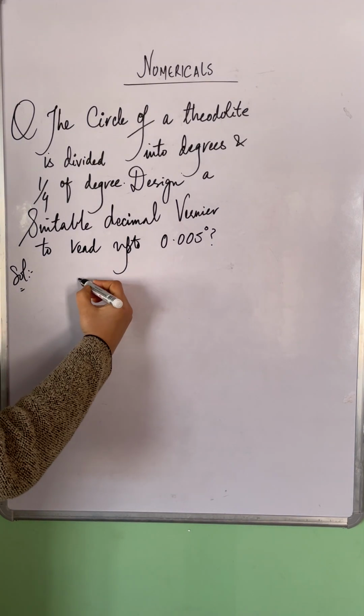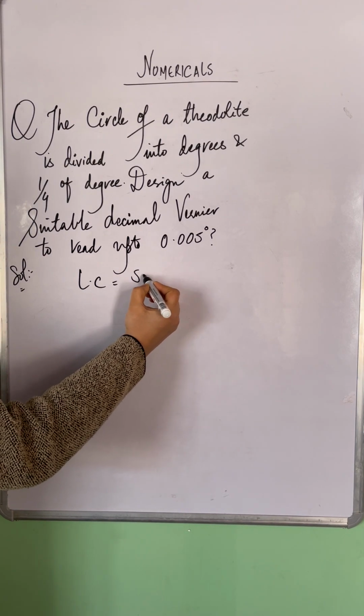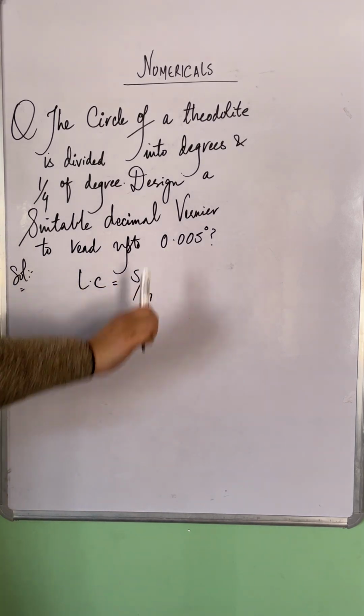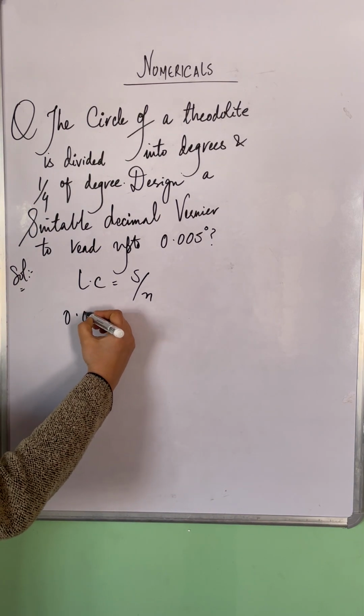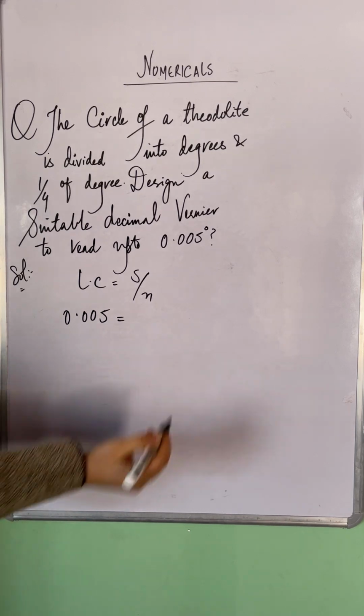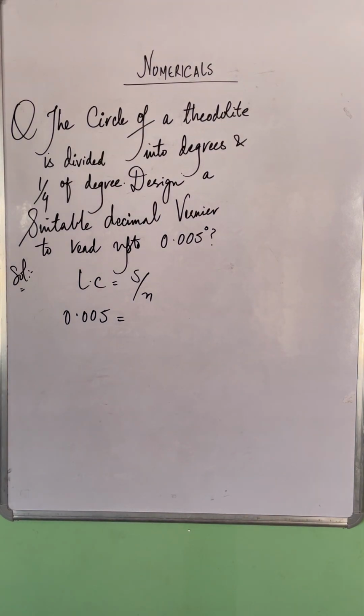What is my least count? S by N. What is the least count that they are desiring that this theodolite should have? It should read up to 0.005 degrees, which makes its least count. What is my S? The circle of a theodolite is divided into degrees and 1/4 of a degree.